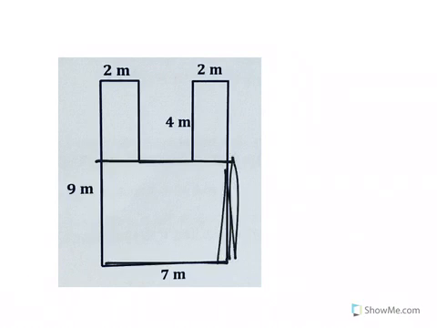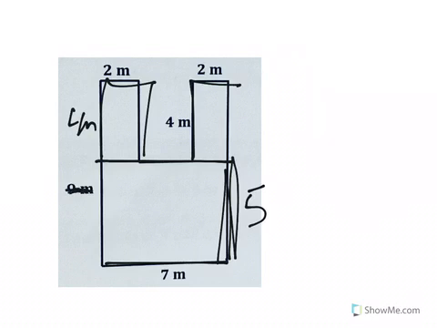This whole side is 9 meters, and if you take away this portion here, which is the same as this portion here, so 9 minus 4, you'd end up with 5. And then here, we know this is 4 and 2, and then this would be 4 and 2. So we can get rid of that for now.